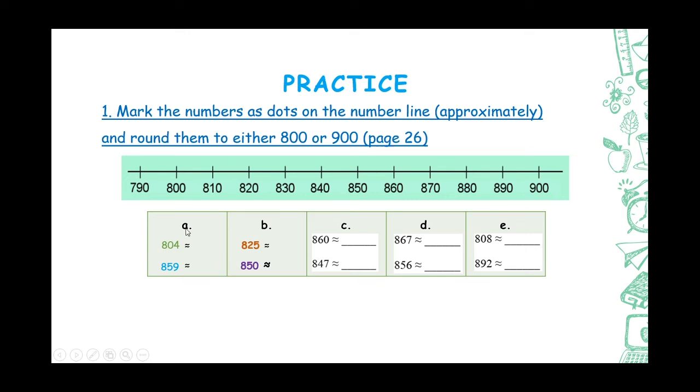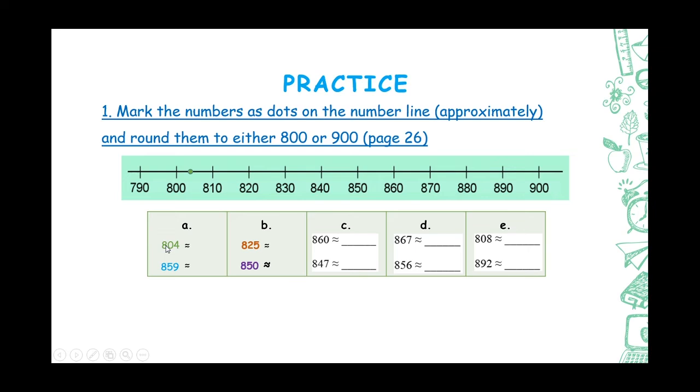So let's look at A. Our first number is 804. First thing we need to do is we need to put a dot on the number line for 804. Can you find where it would be in the number line? Okay, let me show you.